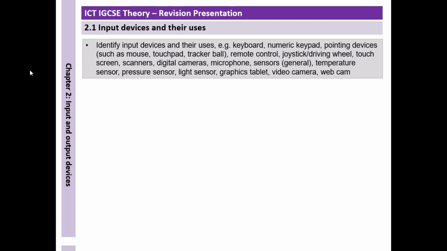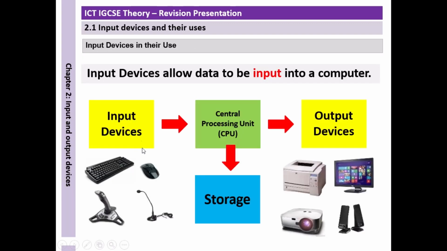So in my next slide, we have got a breakdown of how input devices allow data to be input into a computer. In this video, we are just talking about this particular area, the input device. Because when you give the computer instructions, you have to use an input device.